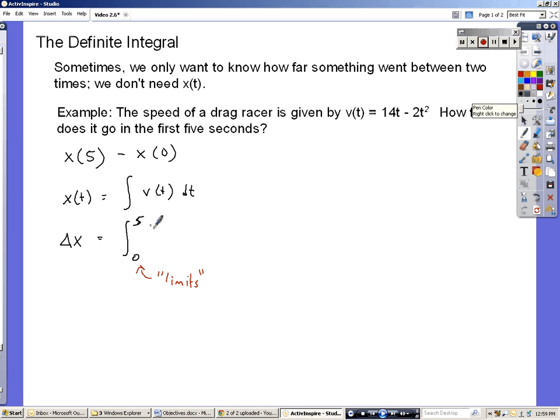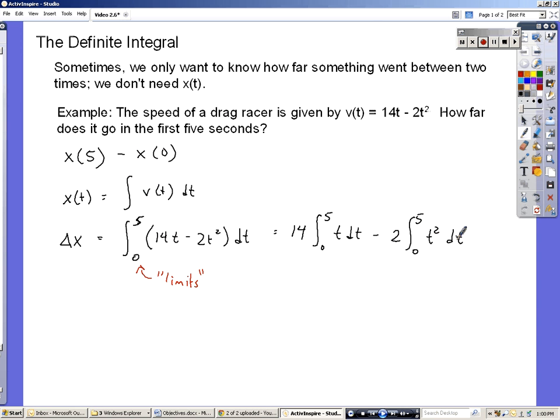And then we will put 14t minus 2t squared dt. And the sum rule says that this is equal to 14 times the integral from 0 to 5 of t dt, minus 2 times the integral from 0 to 5 of t squared dt.